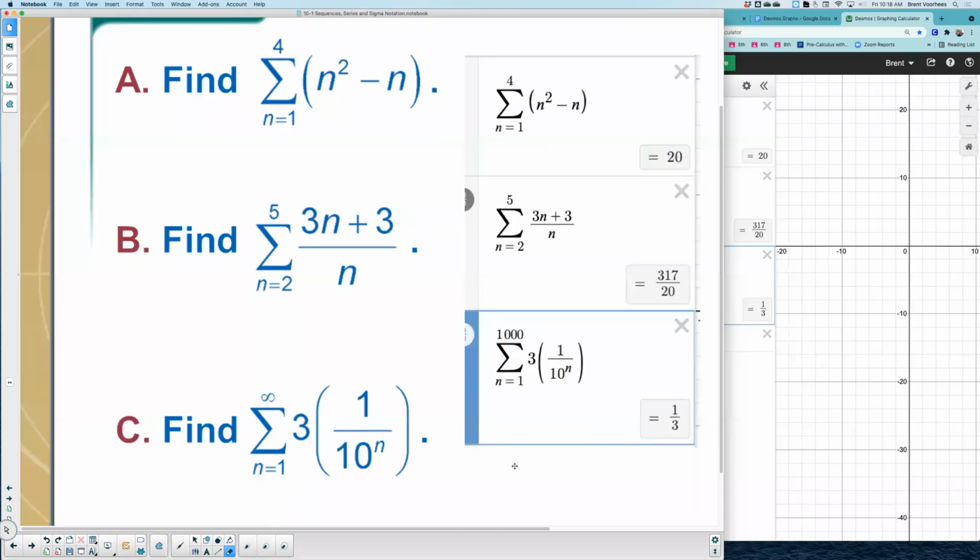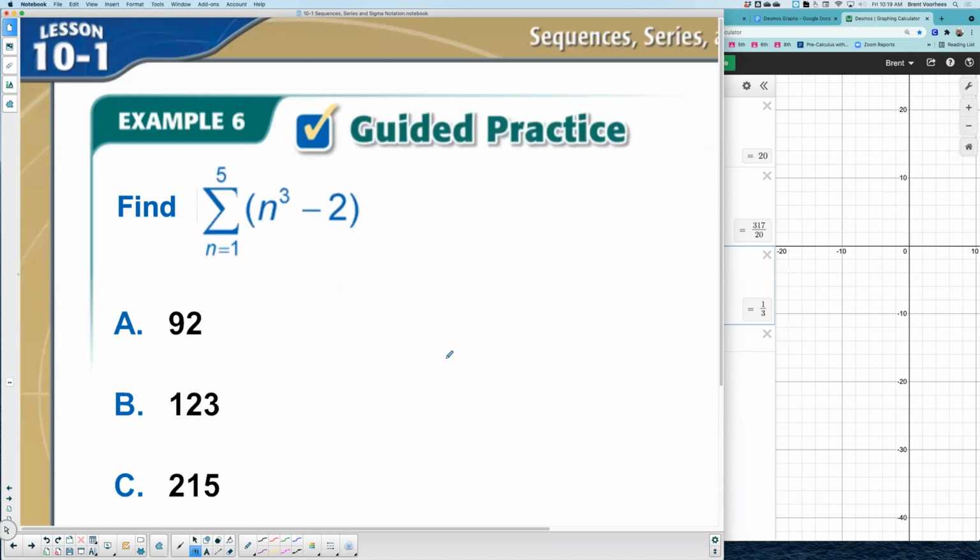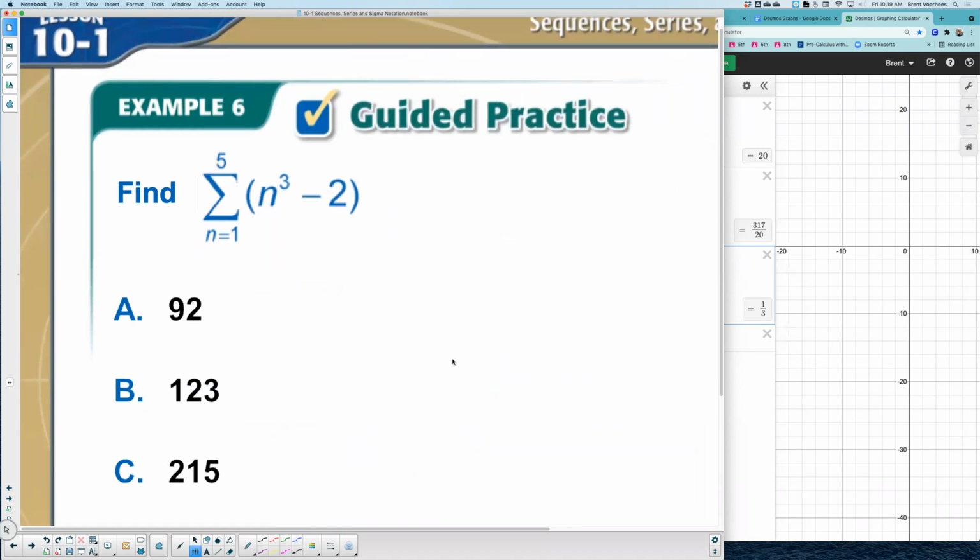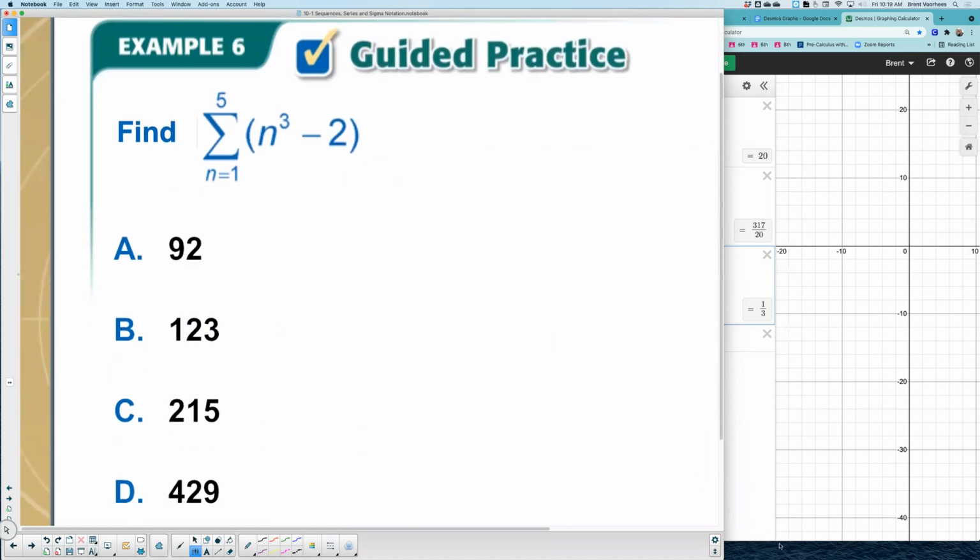All right, so notice for infinity, for the calculator, substitute 1,000 for infinity. I start there. Sometimes it'll say too complex, and if it's too complex, maybe try 100, something like that, to get your value. All right, your turn. Try DOL number 6 here.